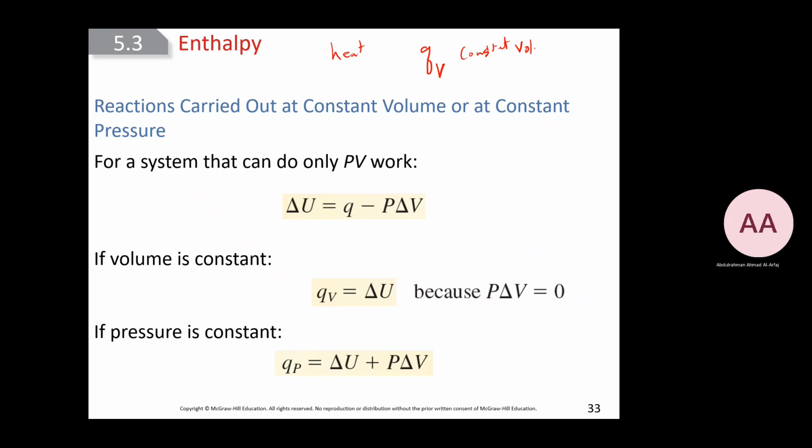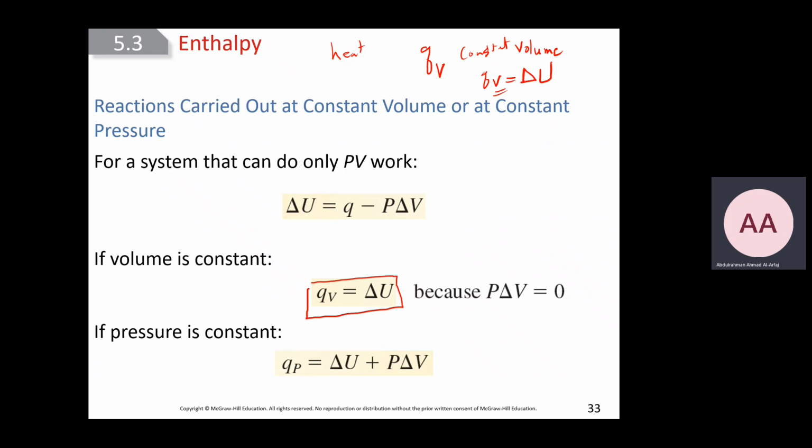Then QV always equals delta U, the internal energy, if you don't change the volume.